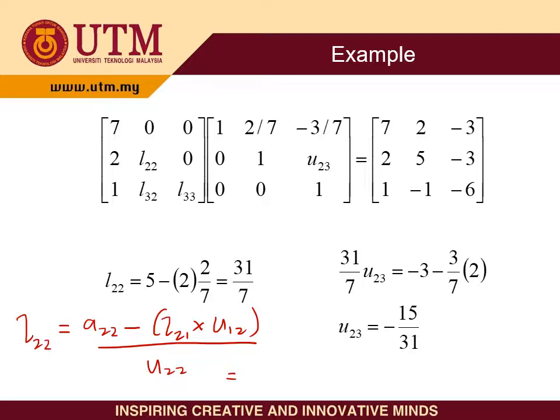So A22 is 5 minus L21 2 multiplied by U12 2 over 7, and then we need to divide by U22 which is 1. So you will get this answer.